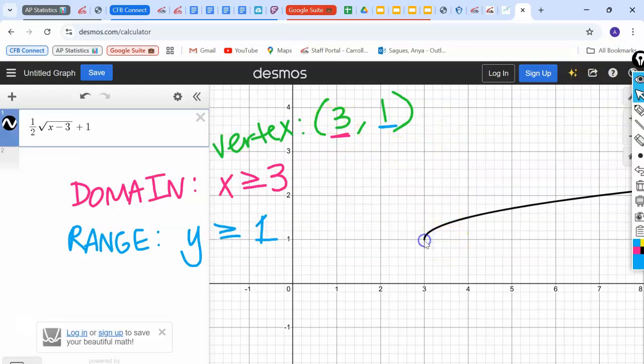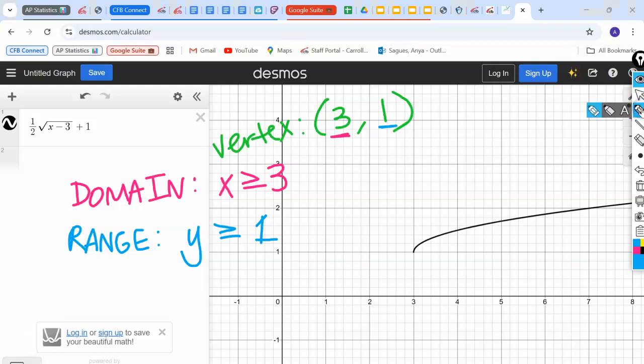It's this starting point. And then maximum or minimum. So there's 2 ways that you're going to see this. Maximum or minimum just generally. Now, overall, on this whole graph, it has a lowest starting point, right? It starts from this point and then it goes up forever. That would make this a minimum, okay? So this is my minimum. Overall, it's my minimum, and it's at 1 because this is the y value, okay?